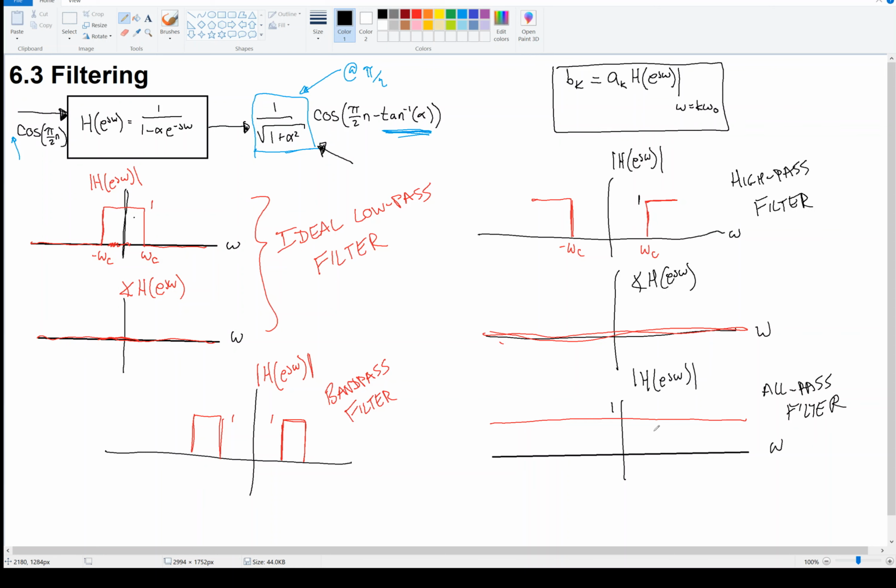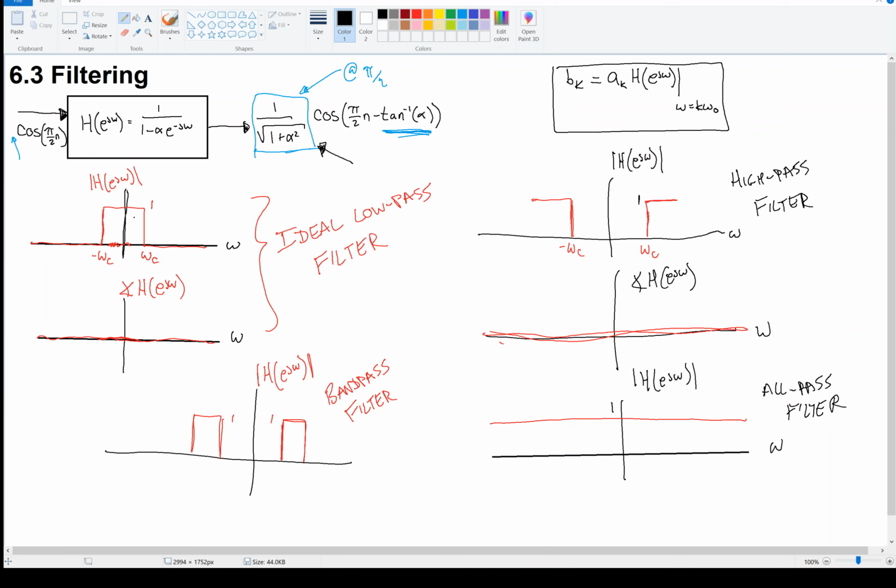So all of the frequencies pass through perfectly. Why you would want such a filter is you would want to do something to the phase. You'd want to correct some sort of phase distortion. But without knowing the application, I don't want to draw the phase response because it's application dependent. But for the magnitude, you want all of the frequencies to get through if you want an all-pass filter.